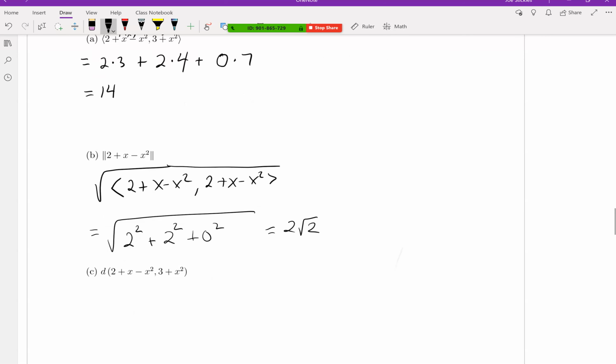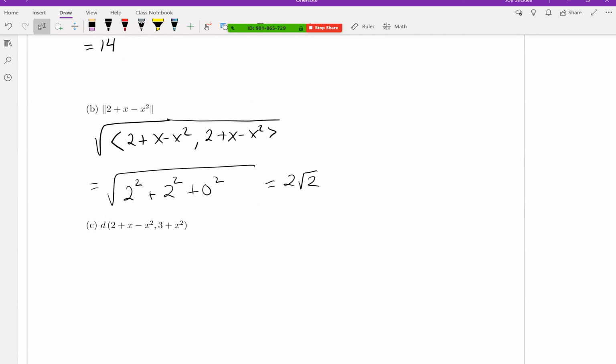And then for the third one, the distance, of course, is equal to the magnitude of the difference. When I subtract these two, we have negative 1 plus x minus 2x squared, because I'm just doing the first one minus the second one.